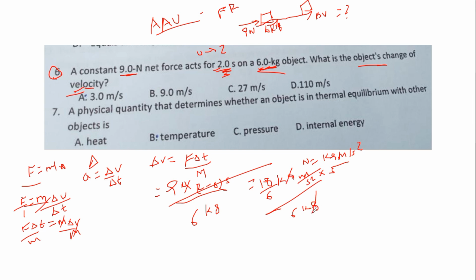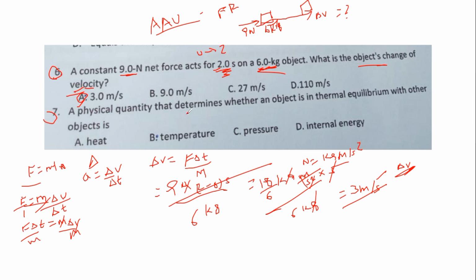Kilogram cancels kilogram, second cancels with one second, and 18 over 6 is 3. So the change of velocity is 3 meter per second. So that is number 6. The answer is 3 meter per second.